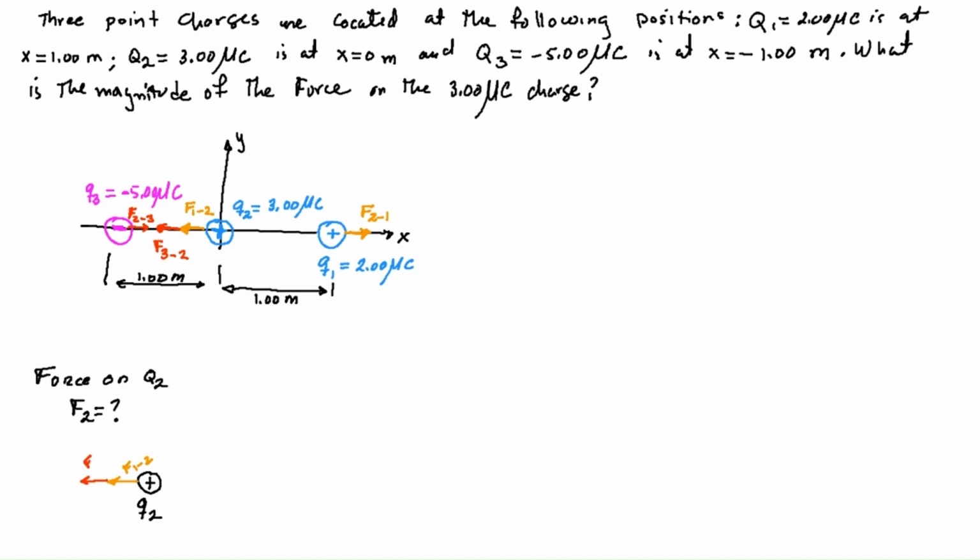So we have the two forces, and the two forces are pointing in the same direction. So we say that the resultant force on particle 2 will be equal to the force that particle 1 exerts on 2 plus the force that particle 3 exerts on particle 2. So it is a sum of vectors.